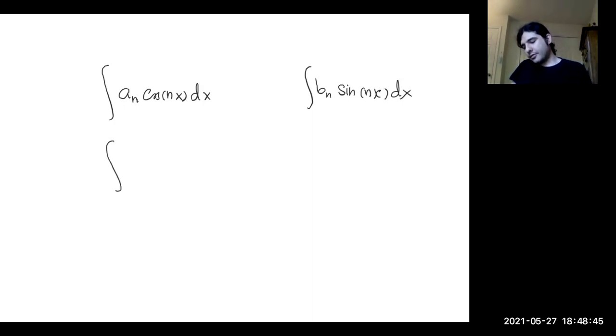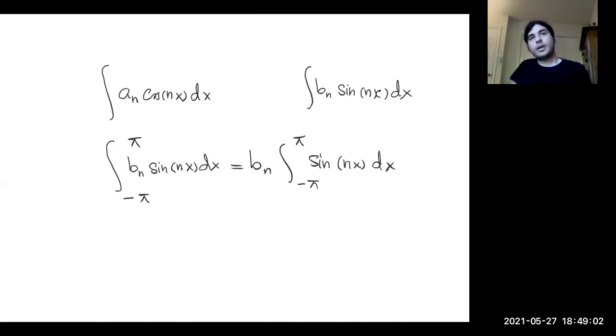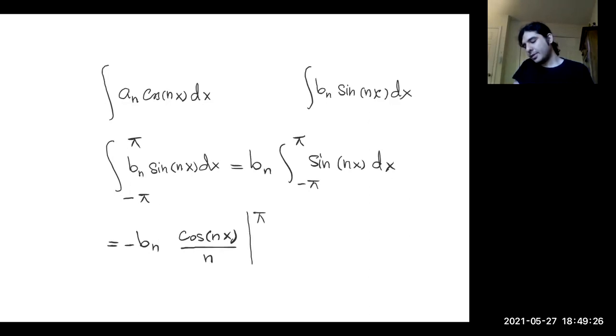What is the integral of bn sine of nx dx from minus pi to pi? Well, bn is a constant, so it just comes out of the integral. And the integral of sine of x is minus cosine of x, so we guess the integral should be something like cosine of nx. Well, actually, it is the same thing, just divided by n, evaluated from minus pi to pi.